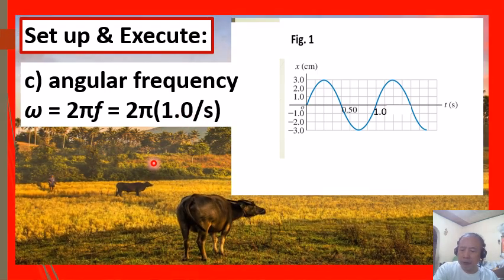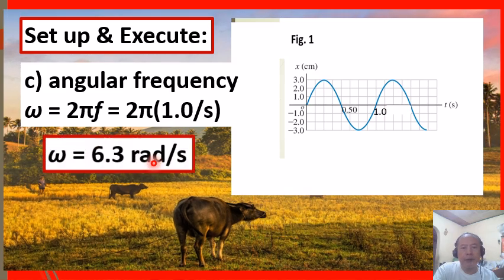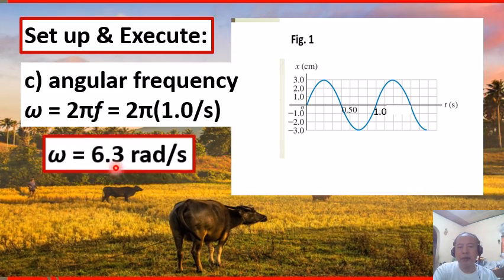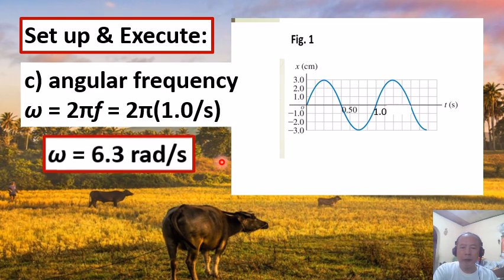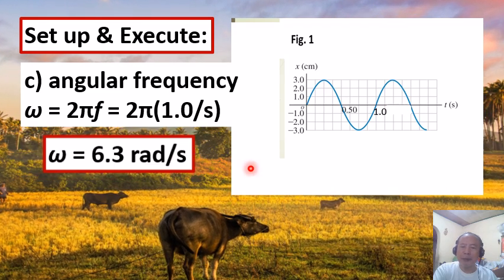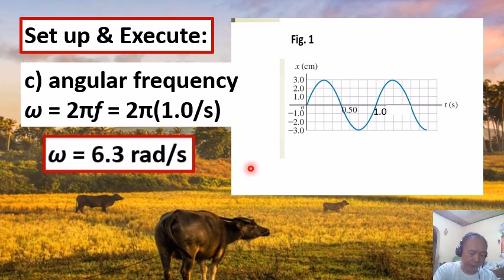So the angular frequency omega equals 6.3 radian per second, rounded to two significant figures.